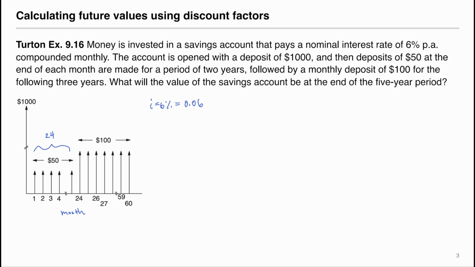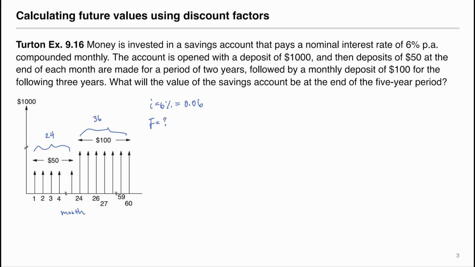This is followed by a monthly deposit of $100 for 3 years, 3 times 12 is 36 months. What is the value of the savings account at the end of the 5-year period? So we're asked to find the future value.